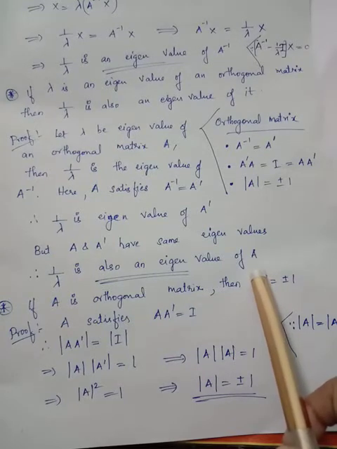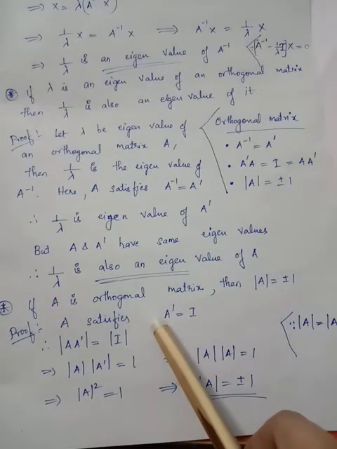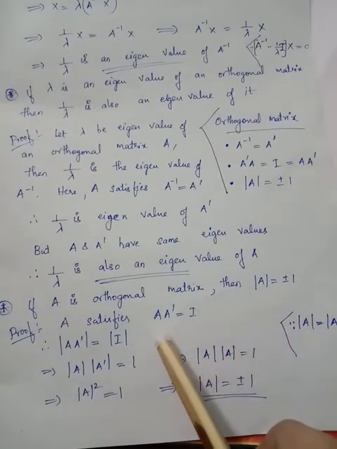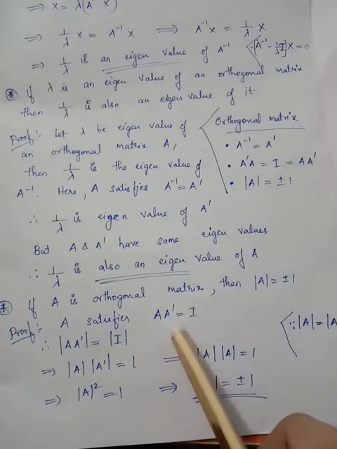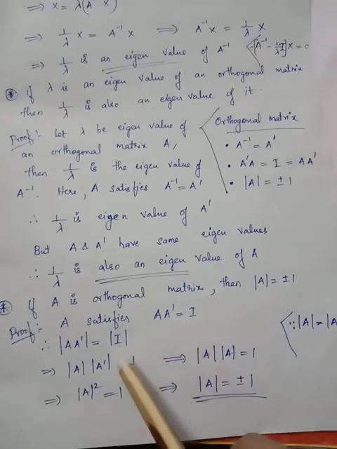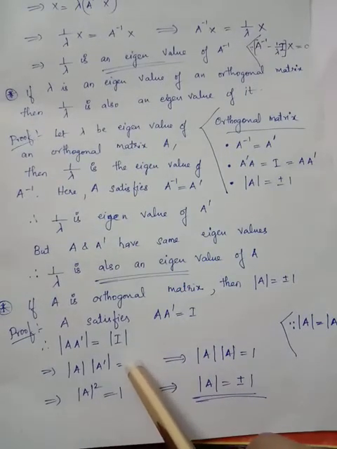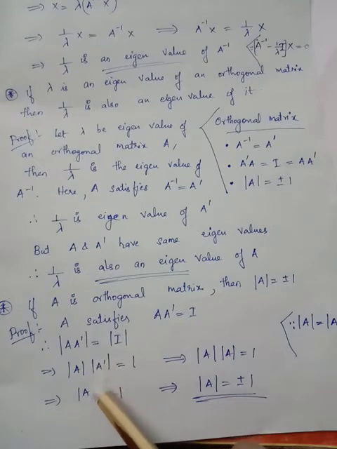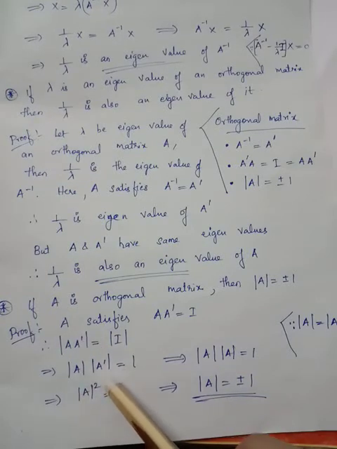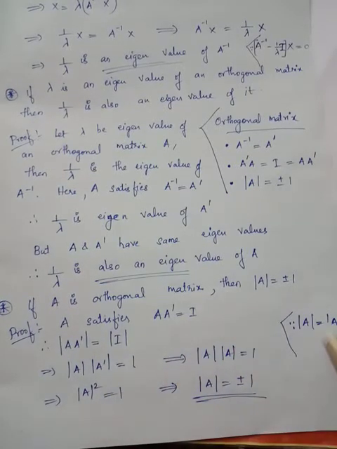How to prove that the orthogonal matrix satisfies the property determinant of A equal to plus minus 1? It follows from the standard property of orthogonal matrix, which says A into A transpose equal to identity matrix. When you take determinant on both sides, determinant of identity matrix is always 1, and determinant of product of matrices can be written as determinant of AB equal to determinant of A into determinant of B. Hence, this is written as the product determinant of A into determinant of A transpose, and we always know that A and its transpose A dash always have the same determinant value.